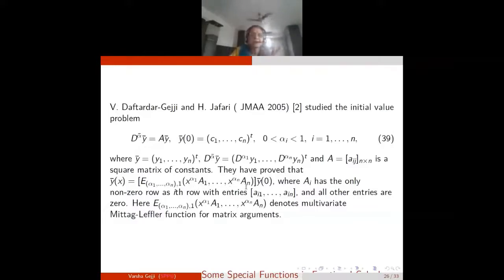That is the way you have these arguments, and you can show that this matrix representation is an analytic solution of this system of equations. So one can see the power of generalization, and how these special functions are generalized meaningfully. They come up as solutions of such interesting systems of equations.